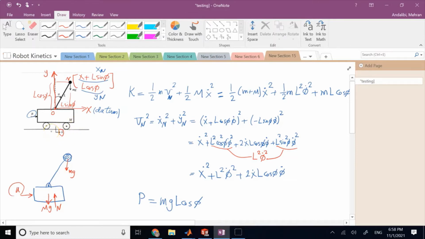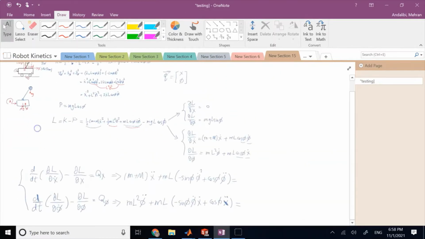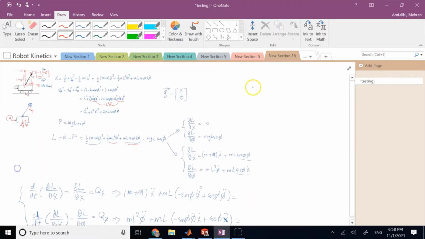is described by X. So if I want to find the Q terms, we keep in mind that the total work done on this system is going to be U delta X, the virtual work.